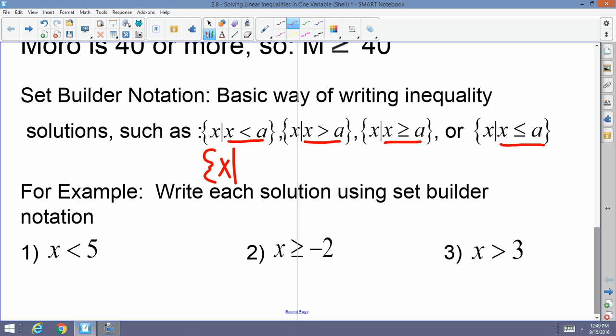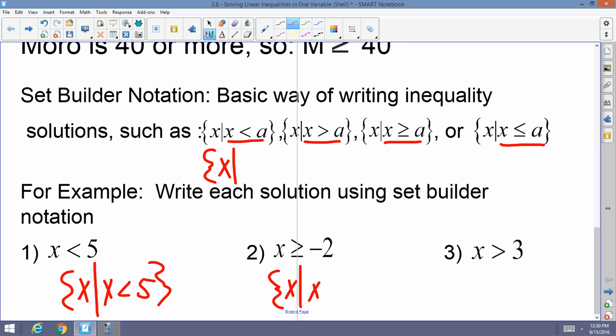So I'm going to create a set notation here, set builder. So I have my little braces. X is what I'm solving for. My straight line, x is less than 5. It's that simple. X is greater than or equal to -2. Well, I have my braces. I'm solving for the variable x, and x is greater than or equal to -2.